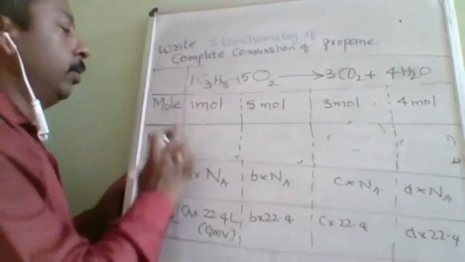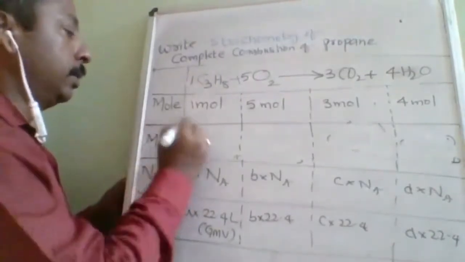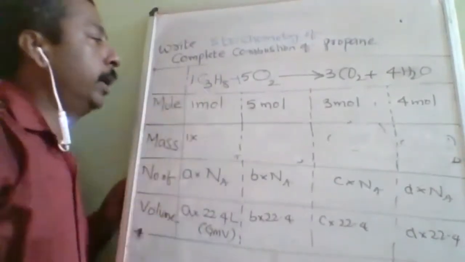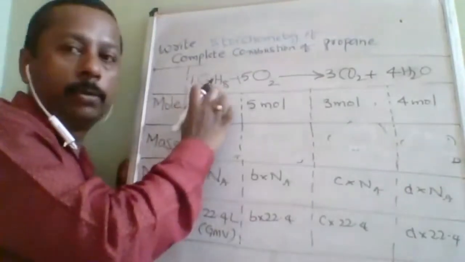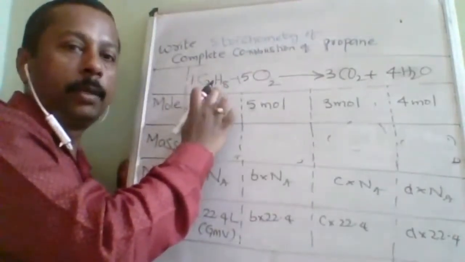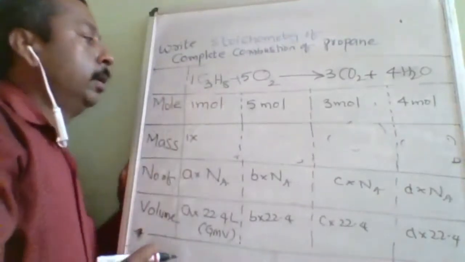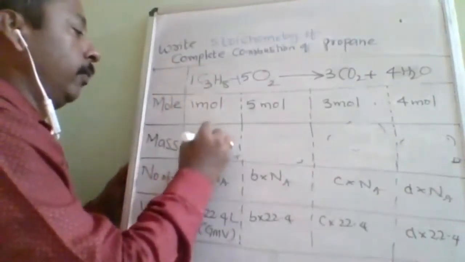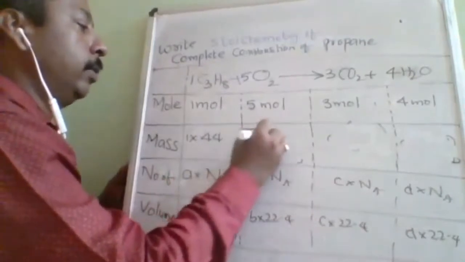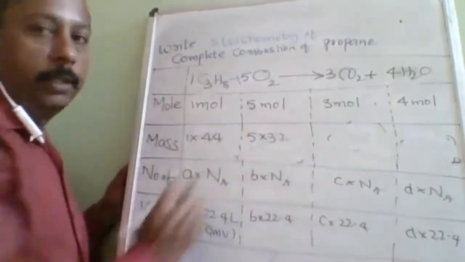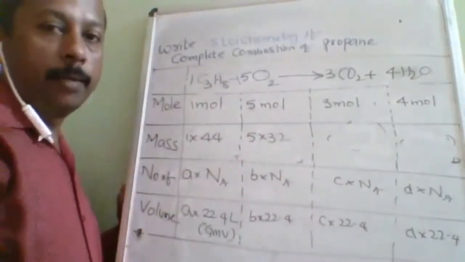Now in terms of mass: 1 into the gram molecular mass. Here it is a molecule, so we need to use the gram molecular mass. 12 times 3 is 36, plus 8, is 44. In the same way, 5 into 32. For mass, we need to multiply by the gram molecular mass.